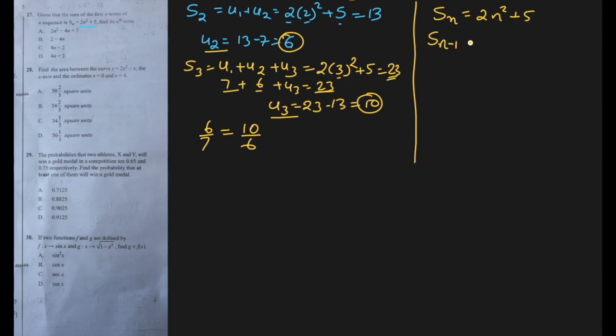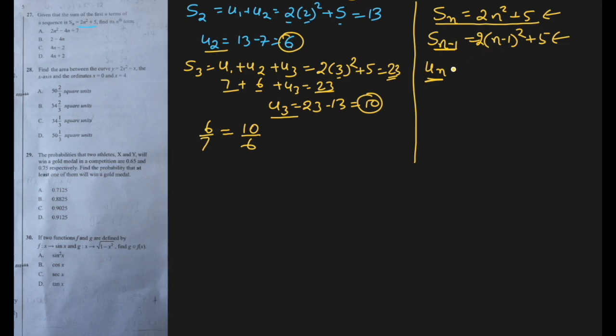The sum of the terms before this term. So let's write here 2 remains 2, but n becomes (n minus 1) square plus 5. And the nth term, which was added to this, so we got this. That means this sum minus this sum will give us the nth term.